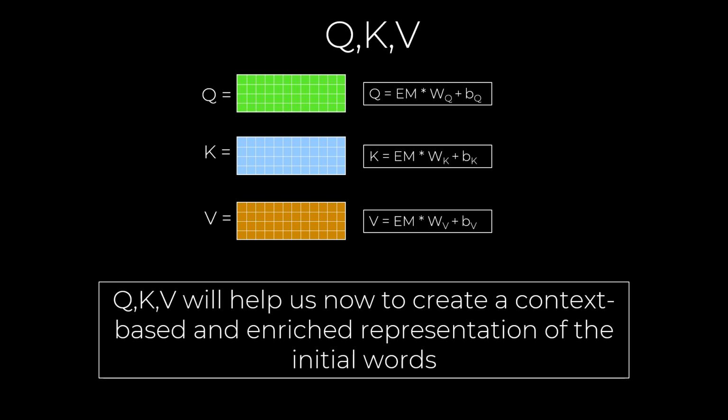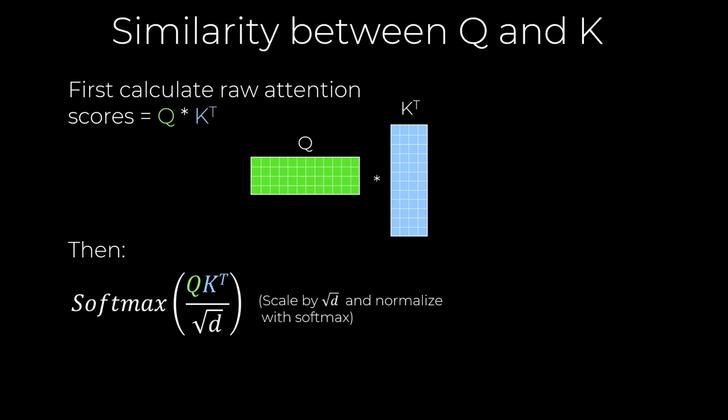The Q, K and V vectors help enrich the initial neutral embedding vector with contextual information. For example, Earth is contextualized as planet Earth based on the words like blue and our. To calculate attention, we measure the similarity between Q and K. First we transpose K and then compute the dot product of Q and K transpose.